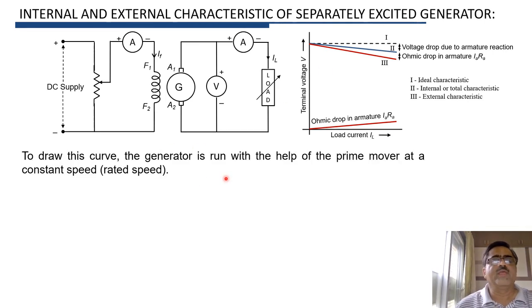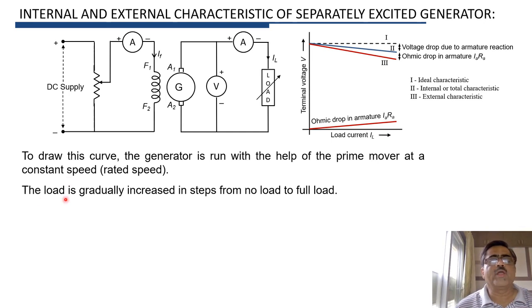Here the machine is operated at constant speed, and normally it is the rated load. The current through the field winding is also maintained constant. So in this case, field current IF must be constant and speed N must be constant.